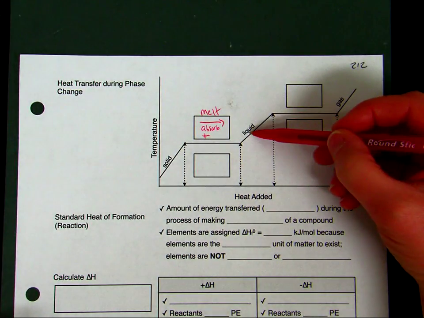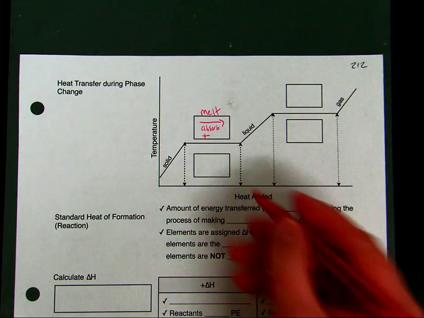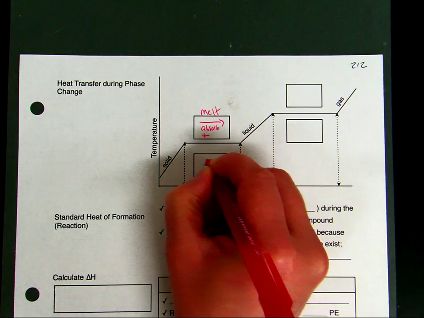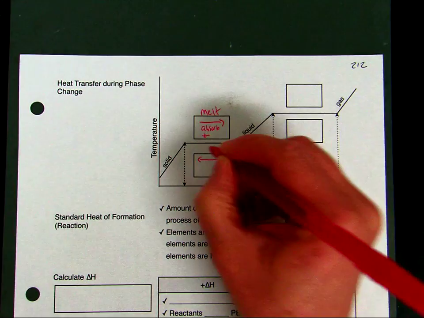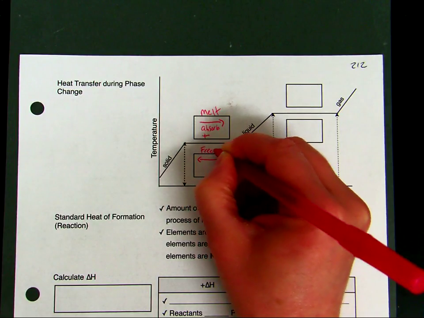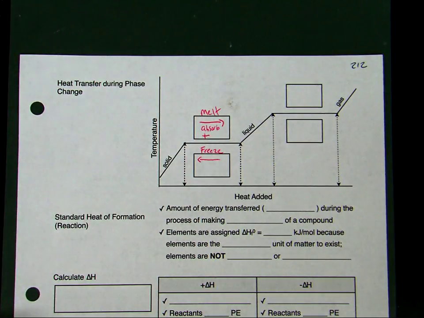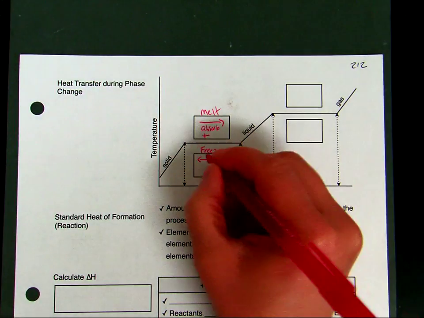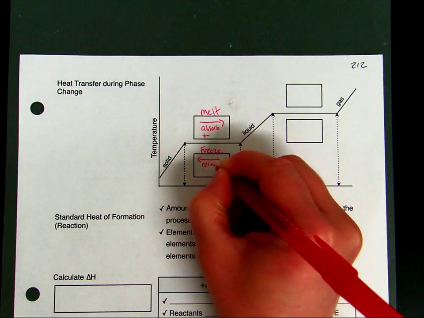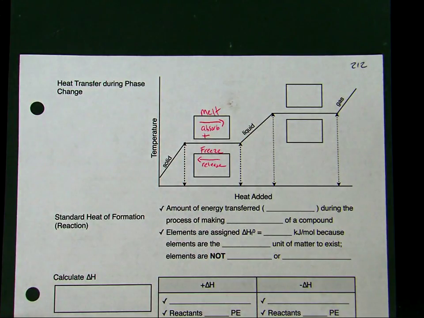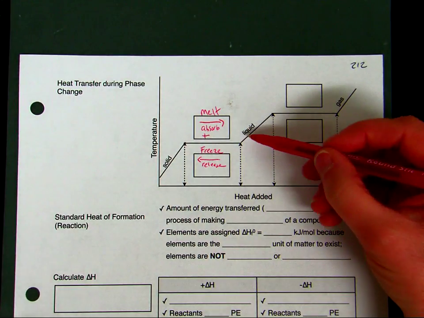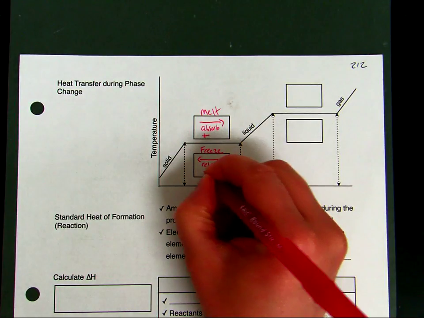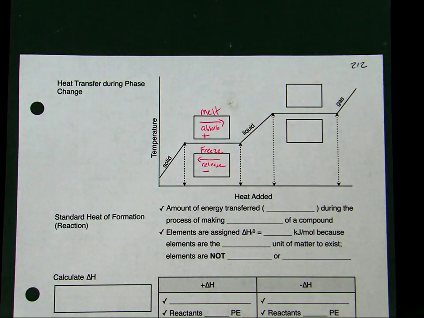Now, for the liquid to return back to the solid, so moving in the opposite direction, we would say our sample freezes. And in this process, the liquid must release energy in order to do that. So since heat energy is leaving the sample, it's getting rid of it, it would be a negative value.